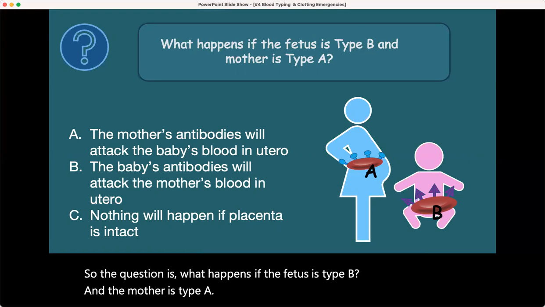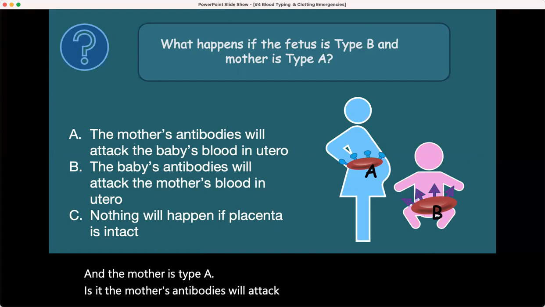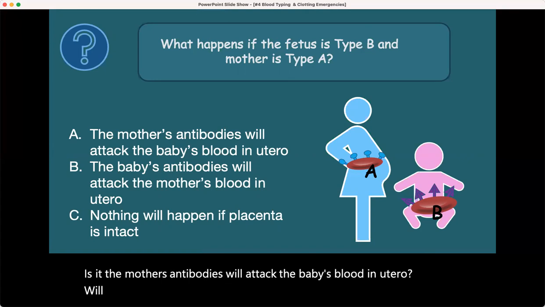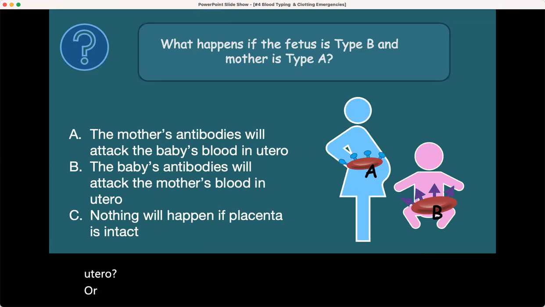Will the mother's antibodies attack the baby's blood in utero? Will the baby's antibodies attack the mother's blood in utero? Or will nothing happen if the placenta is intact?